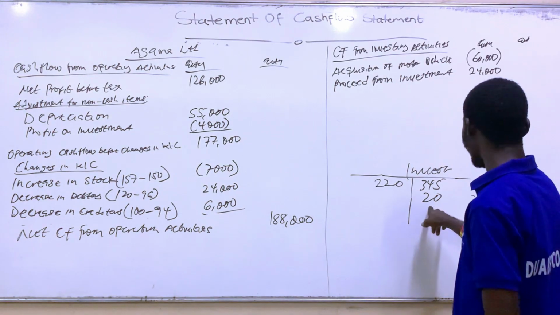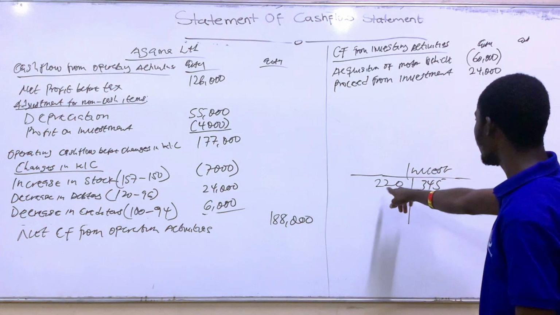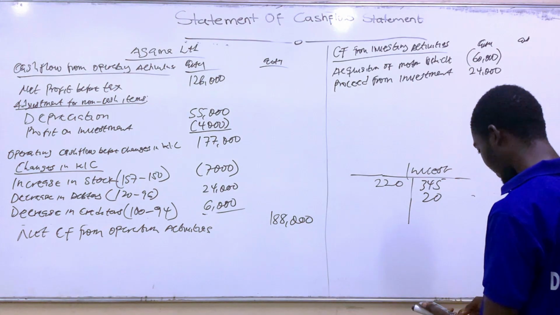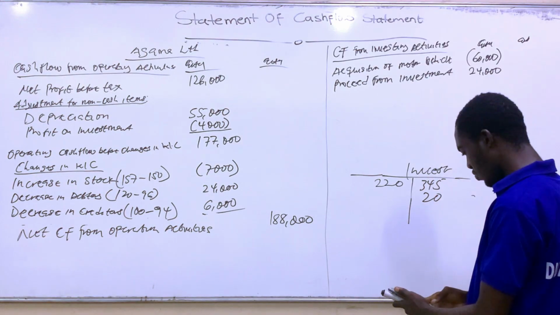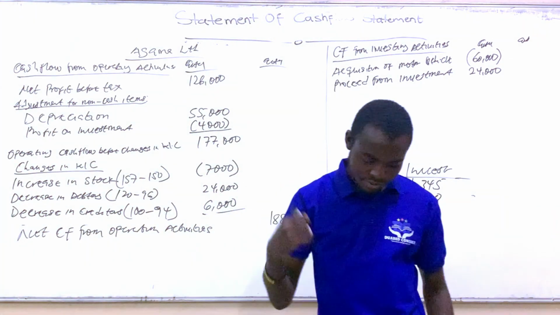So 345 plus 20 gives us 365, and then we less the 220 from it to give us 145.